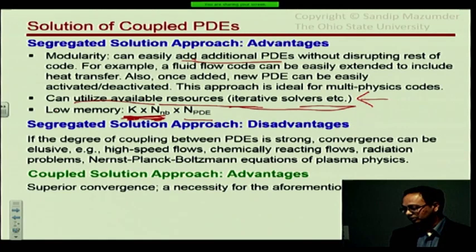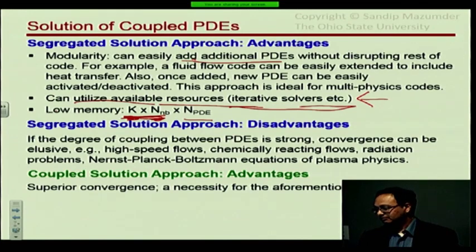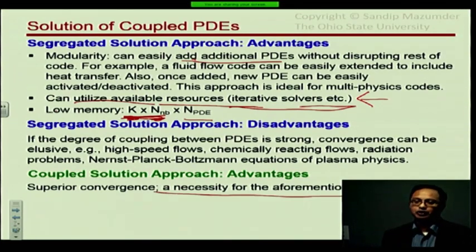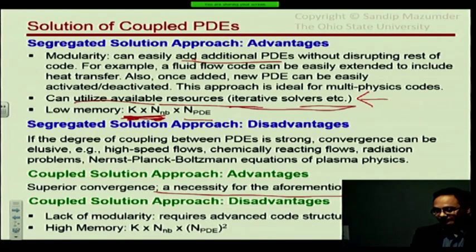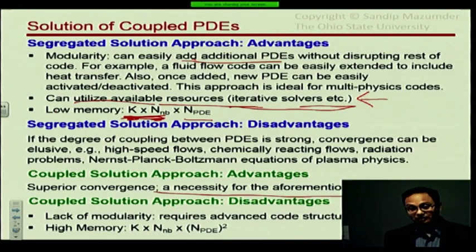Coupled solvers, so the advantage is, as I said, superior convergence, and sometimes it's a necessity for the aforementioned problems. You can't avoid it, even if you want to. Okay, but the disadvantage is lack of modularity. If you have a coupled solver which solves flow and heat transfer, it's very difficult to turn off the heat transfer and say, okay, I'm just going to run it with flow.